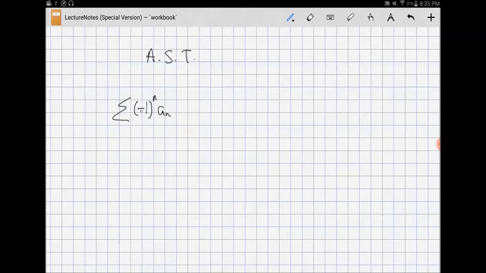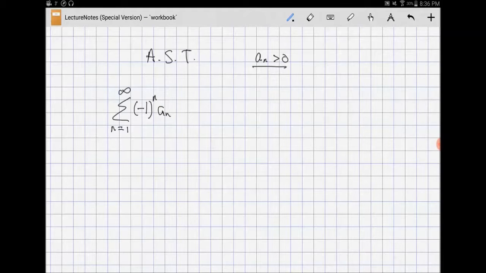And we can count from n equals 1 to infinity. Like all the other tests, a_n has to be positive. If a_n is not positive, then the fact that it's alternating doesn't actually help you, because we don't know what's going on with a_n.